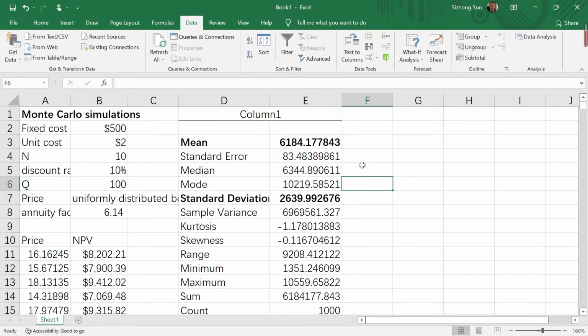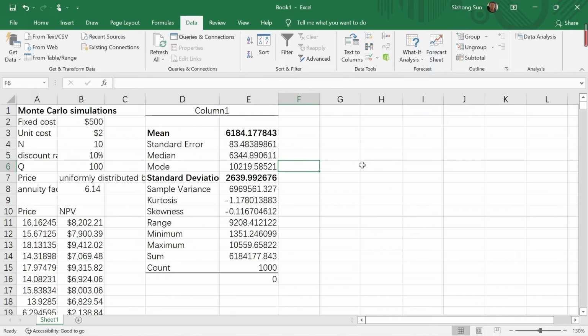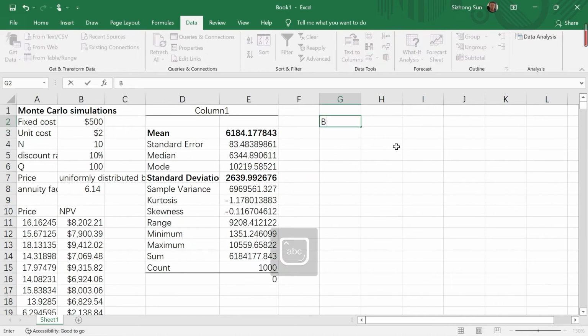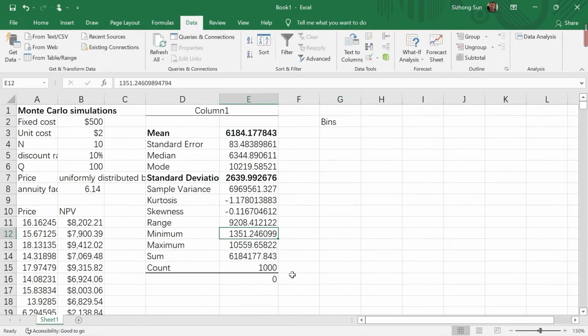Okay, we can also draw the histograms of the MPVs. To do so, let's first create bins. The minimum value is 1,351. The maximum value is 10,000. So the bin is this. Let's use these bins; you can choose other bins as well.